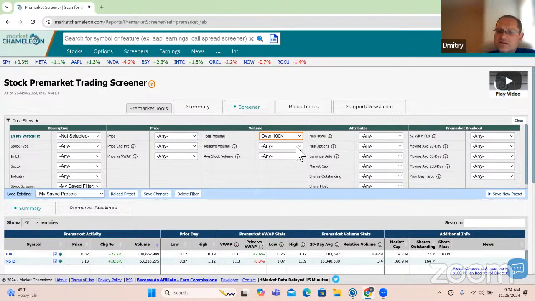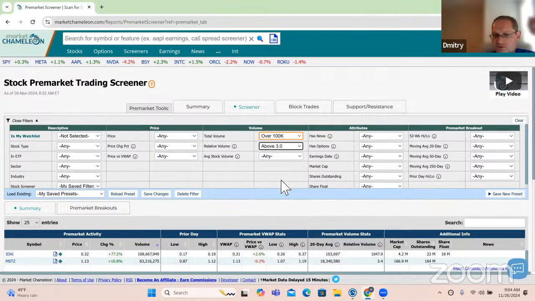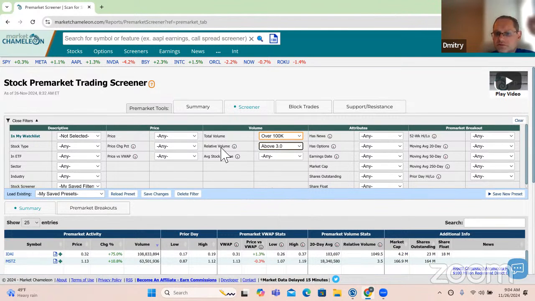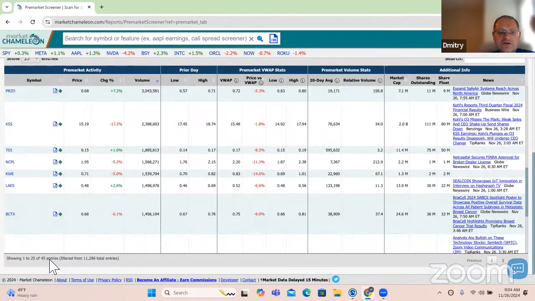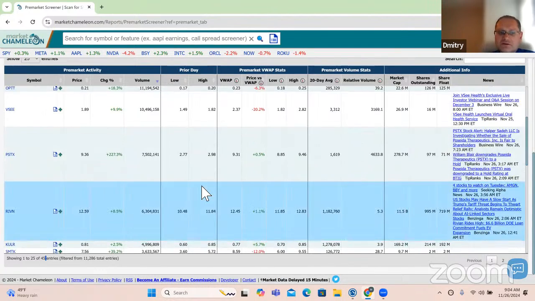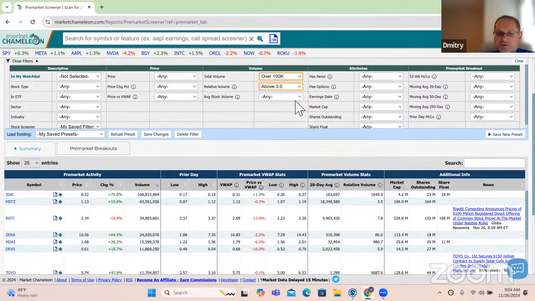And we're going to take this relative volume, and let's just say that this has to be 3 times above its average daily volume. So click on that. And now we narrowed it down, let's take a look at it, to 45. So there are 45 stocks that met these filtered conditions.